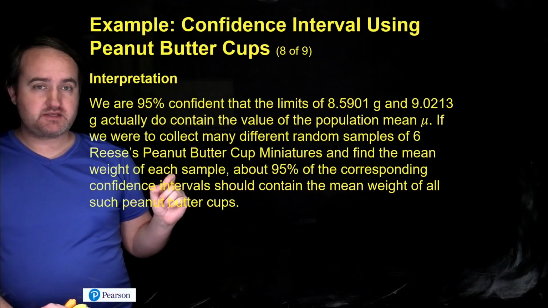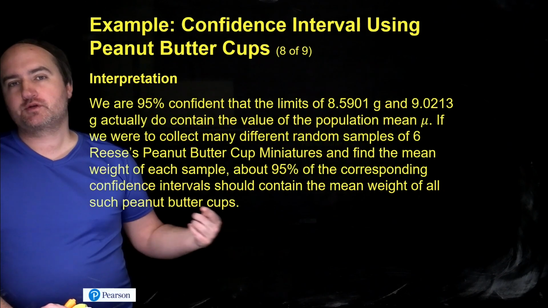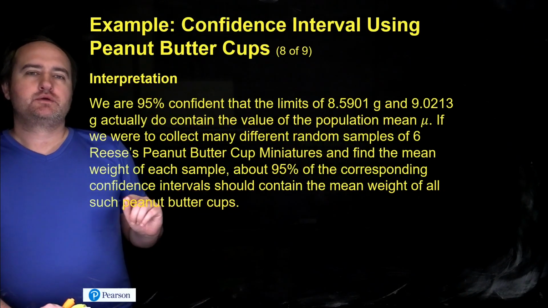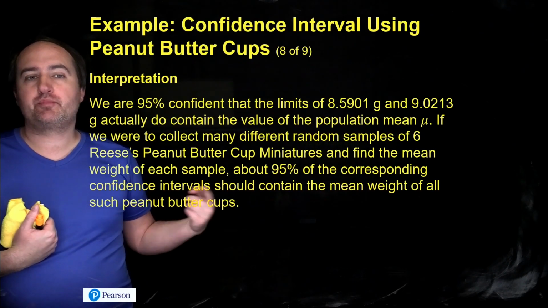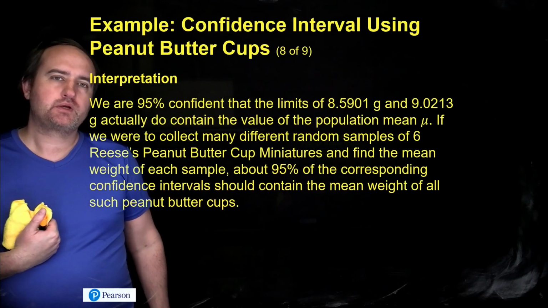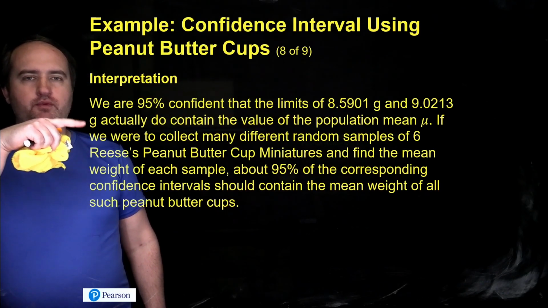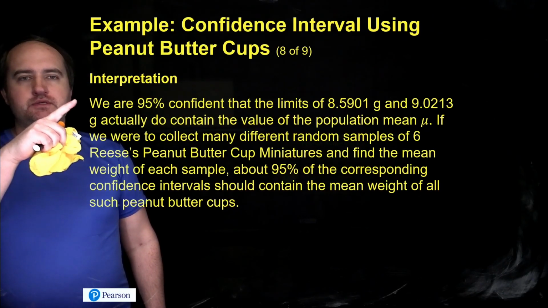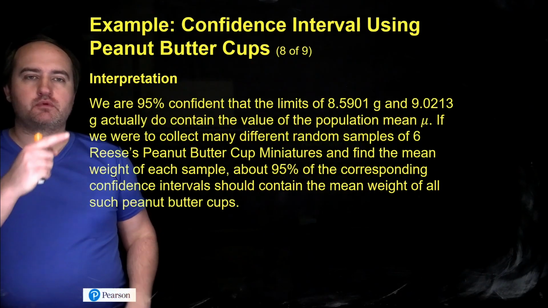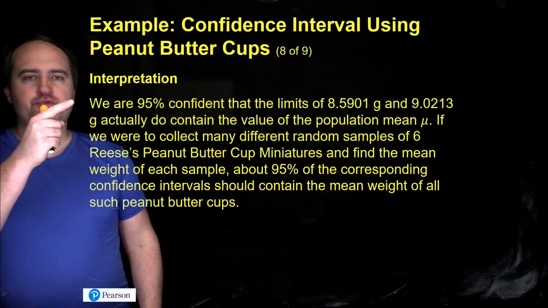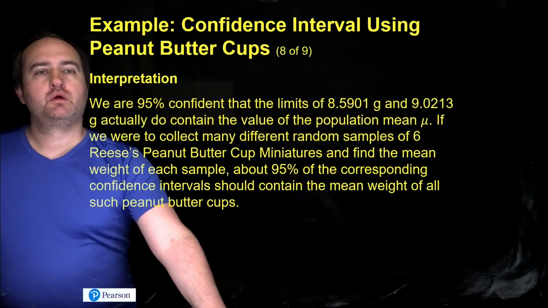I'm sorry, I said sample mean, I meant population mean mu. So we're estimating the population mean mu using the sample mean X bar. Okay. But honestly, this first sentence is the main thing that we need to be using, because on your homework they're going to ask you to interpret the confidence interval. Look for this exact type of wording just with whatever numbers you have on the problem. Okay.